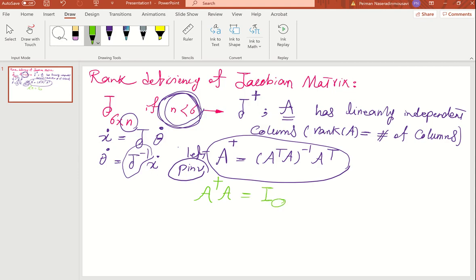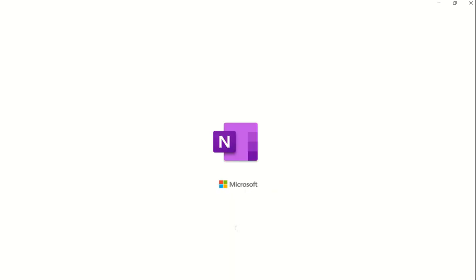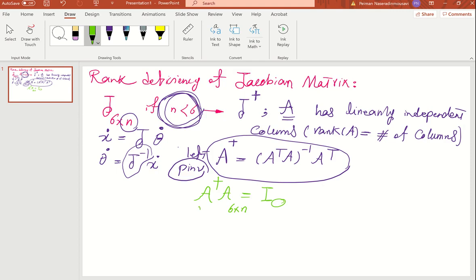Suppose A is 6 by n, the left pseudo inverse is going to be n by 6, so the identity matrix is going to be n by n, as we did in MATLAB in the previous class.